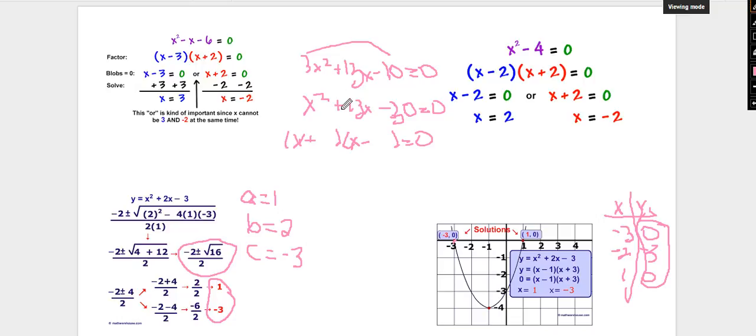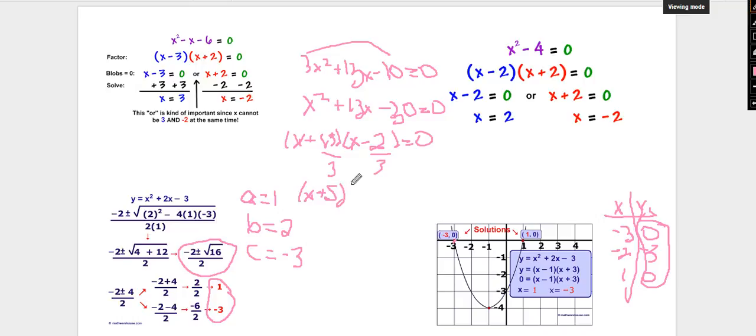It needs to be a positive 13, so I'm thinking 15 times 2 is 30, and then 15 minus 2 is the positive 13. So 15 times 2. All right, but since we multiplied in the 3, remember we have to divide by 3. So this is going to be 15 divided by 3, and this is going to be the negative 2 divided by 3.